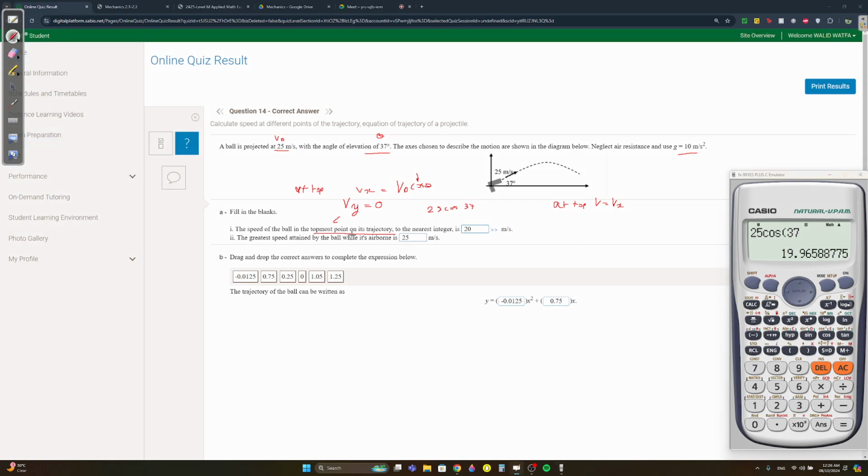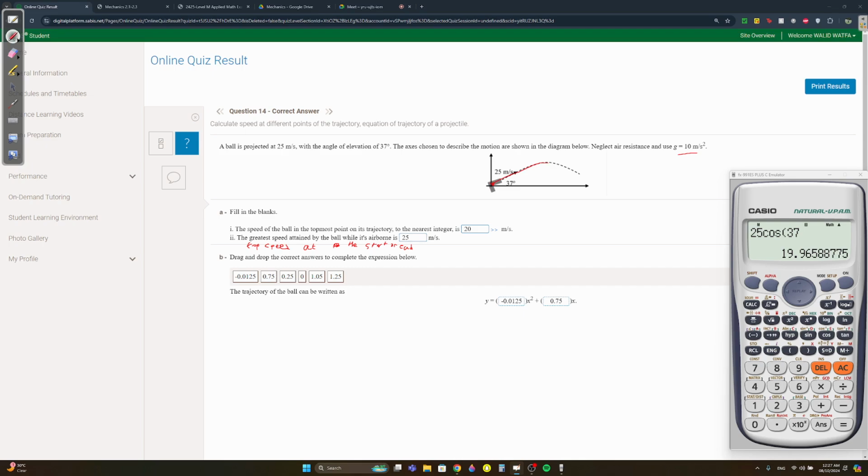The greatest speed attained by the ball when it's airborne is how much? Memorize this: the highest speed is at the start or end. Let me explain this to you. You start here, you start going up, you start decelerating because of gravity, right?